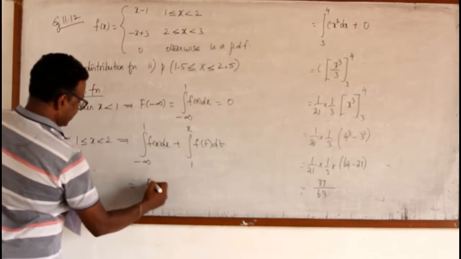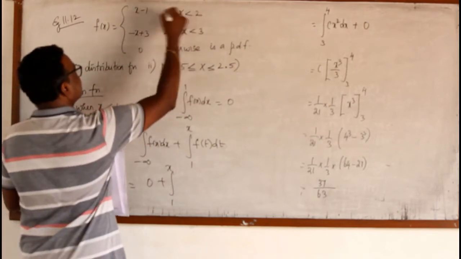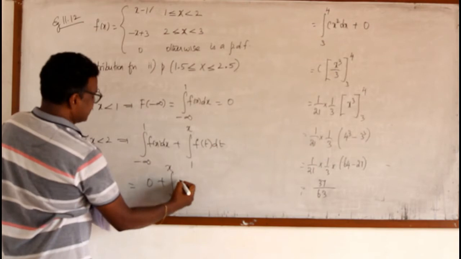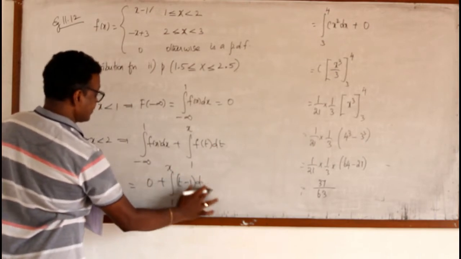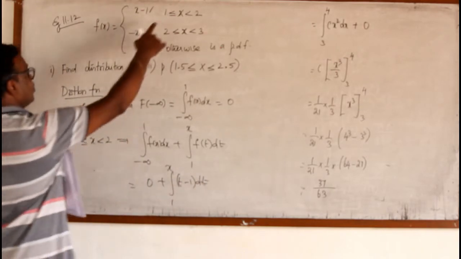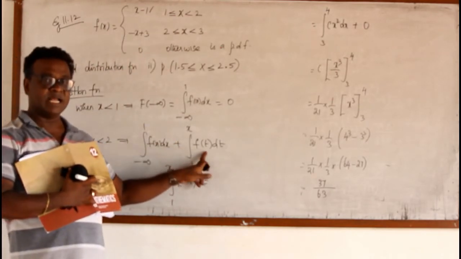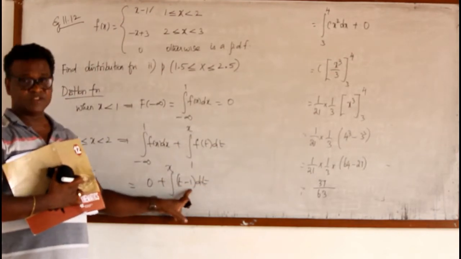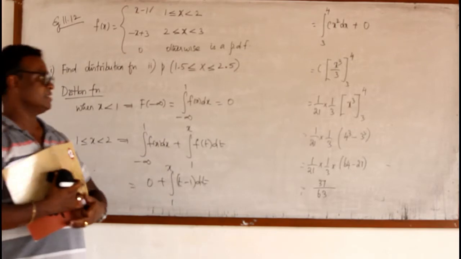Now this is 0. Now 1 to x. In 1 to 2, the function is x minus 1. Since I am writing in terms of t, we write t minus 1 into dt. Here I am converting all the x into t, because the upper limit is x.